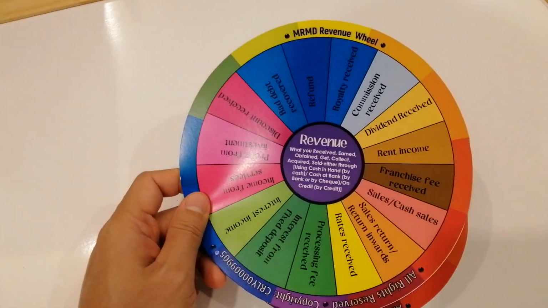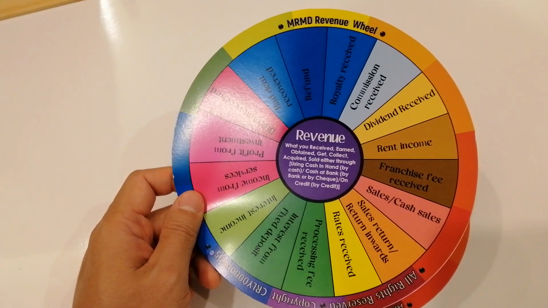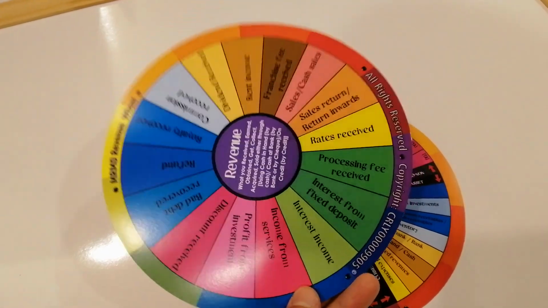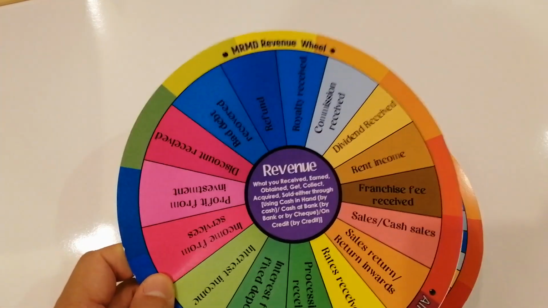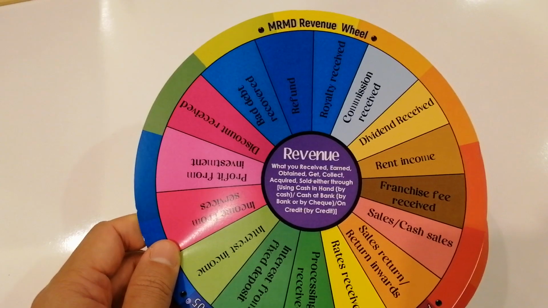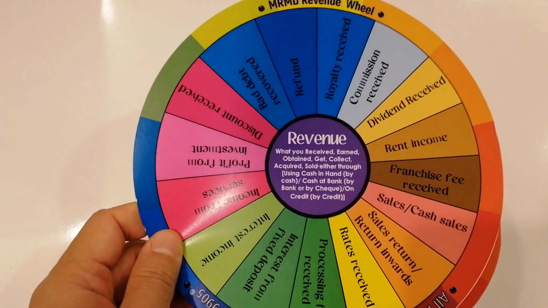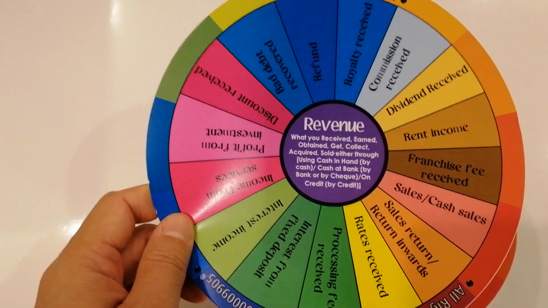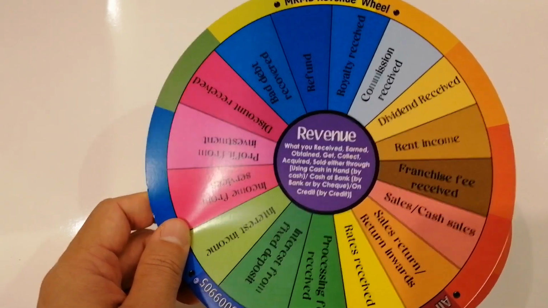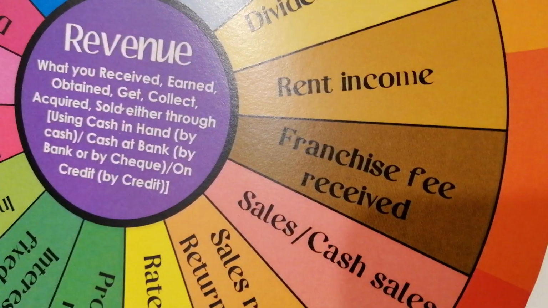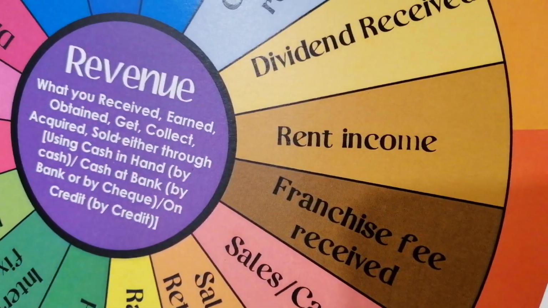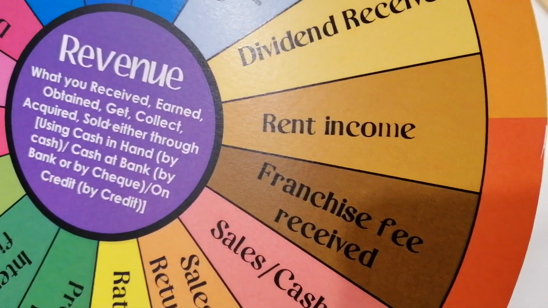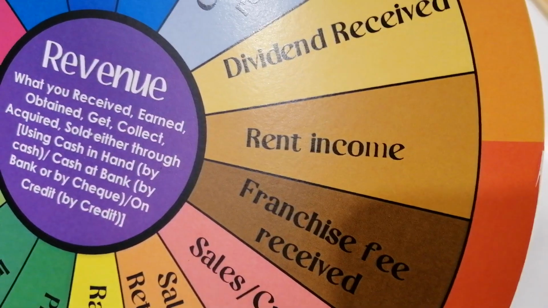Can you see that? Okay. So sales, cash sales, sales return, rate receipt, processing fee receipt. These are the item names that we have in revenue. So when you deal with a transaction, you cannot simply name it as an item. Because in accounting, we already have specific names for items. If a transaction involves revenue from rental, we call it rent income.